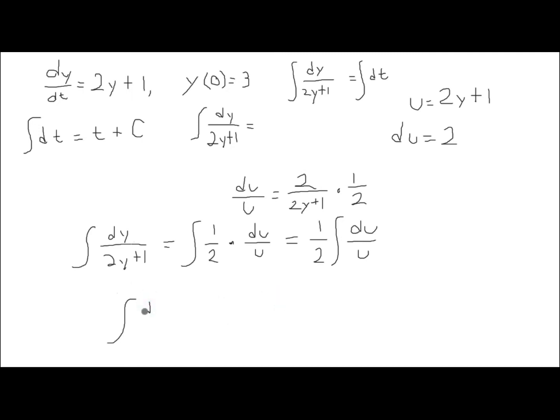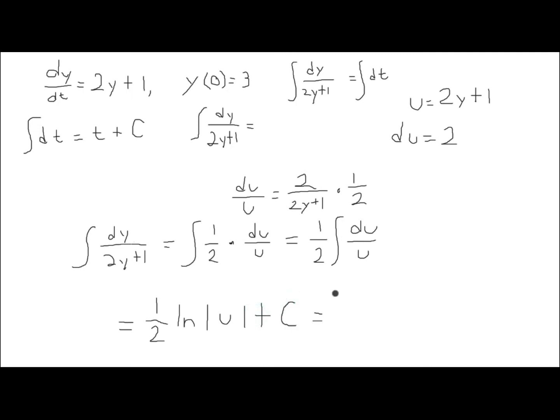So we can state that the integral of du over u equals the natural log of the absolute value of u plus c. And since we have a 1/2 out front, we can say that the integral in terms of u equals 1/2 the natural log of the absolute value of u plus c.